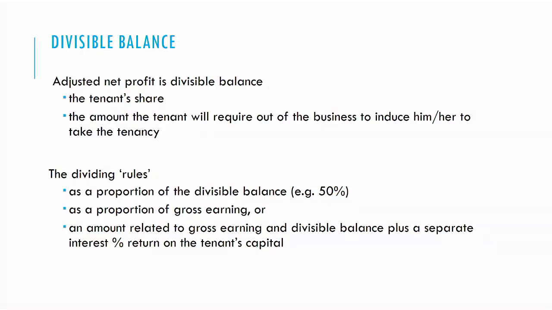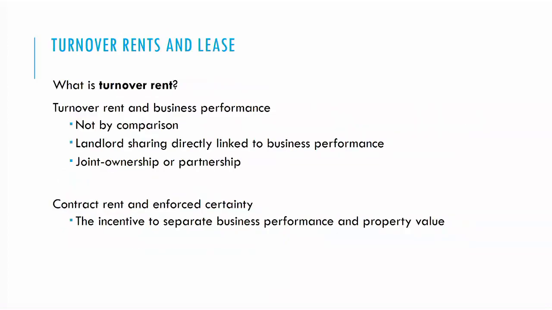The dividing rule is a proportion of the divisible balance, for example 50%, or a proportion of gross earnings, plus a separate interest percentage return on the tenant's capital. You can read through. Right.